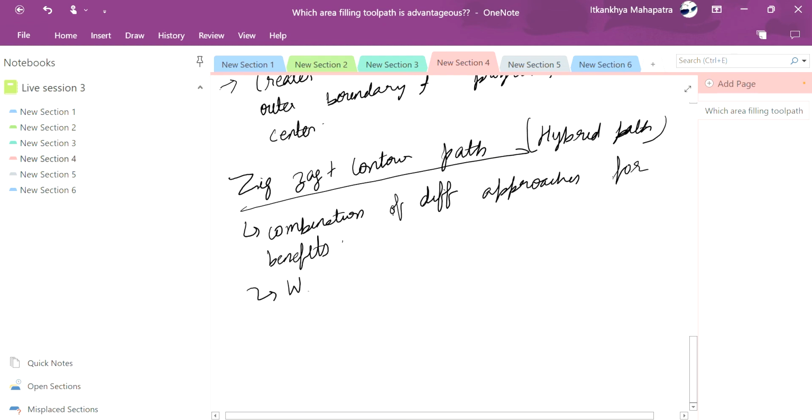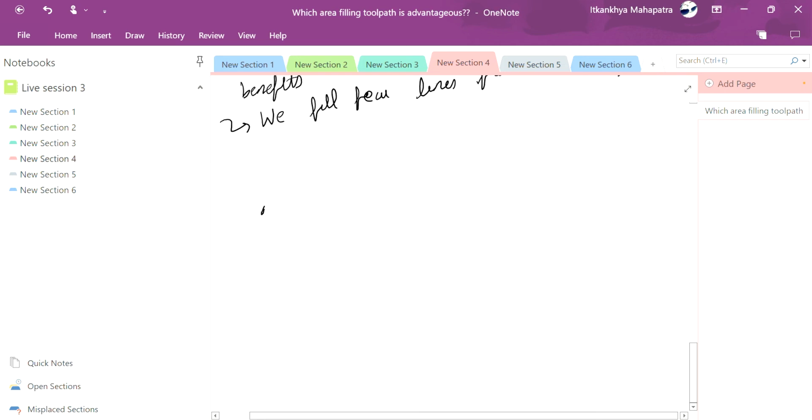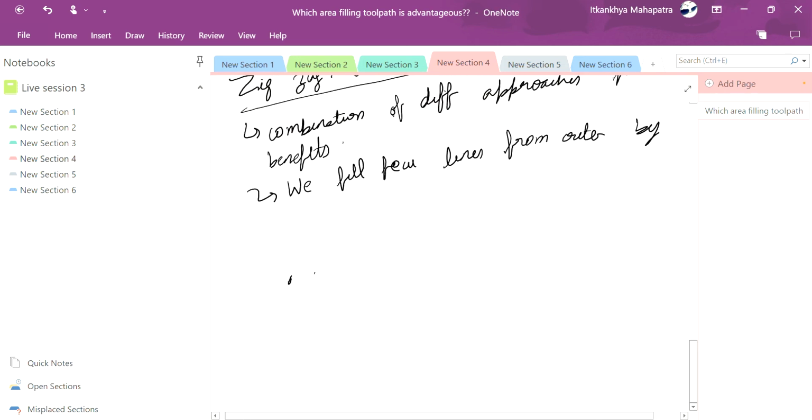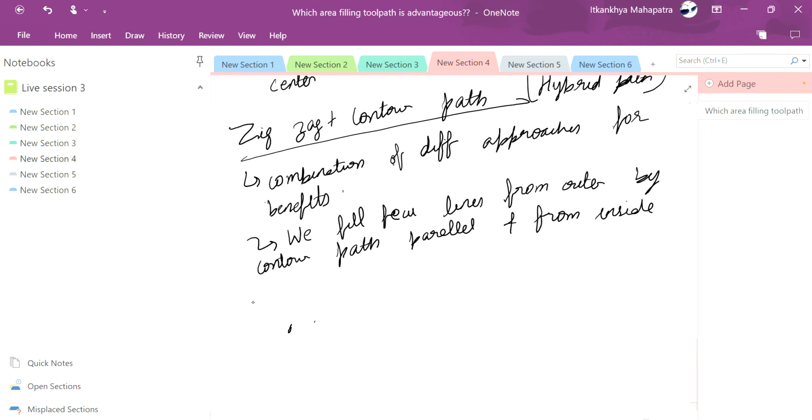Here we fill a few lines from the outer boundary by the contour parallel path, and from inside we can use zigzag.